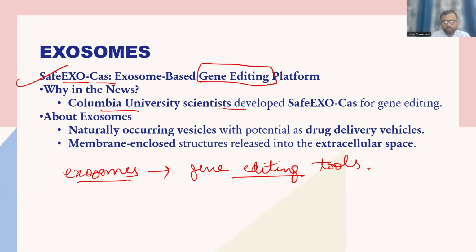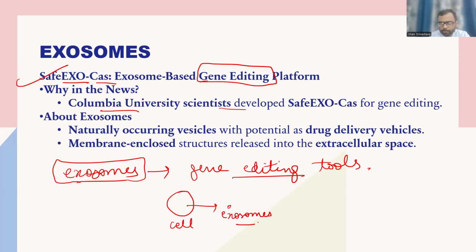So what are exosomes? First of all, let's understand what exosomes are. Inside a cell, this is a cell, there are very small sacs which are called exosomes. These were initially thought to be carrying cellular waste, and they did not have a lot of function associated with them.